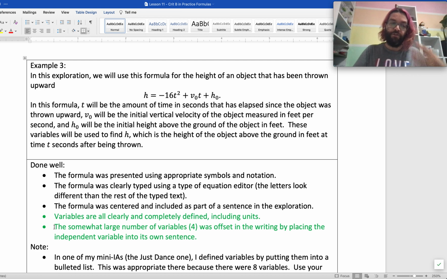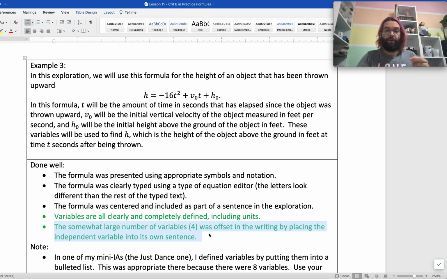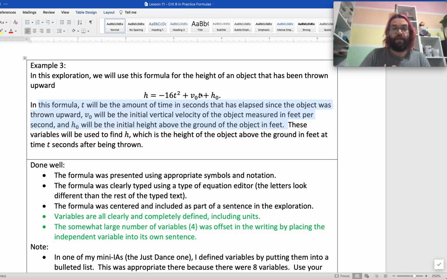Another thing that I tried to do well here, or at least showed you as an option, the somewhat large number of variables, 4, was offset by placing the dependent variable into its own sentence. So instead of making this a huge long sentence, I basically had one long sentence that handled all of these variables on the right side, the independent variables. Oh, actually, I just realized I should have said the dependent variable.